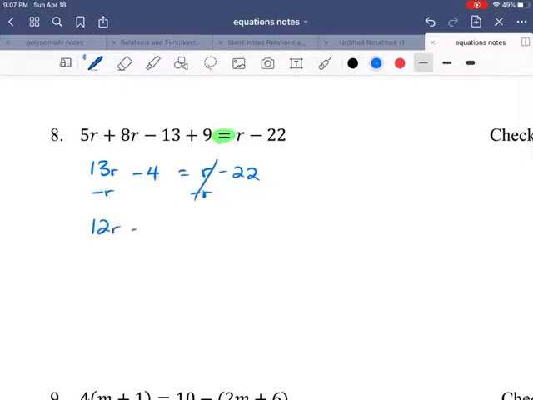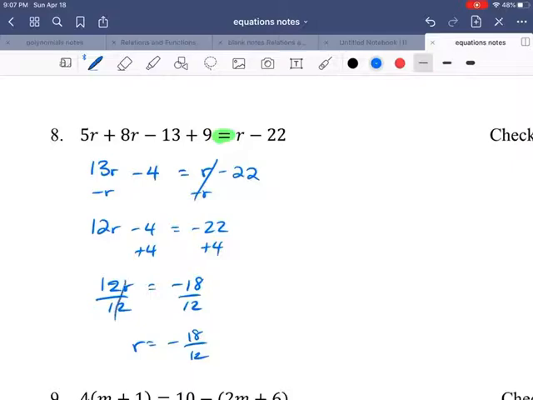So we end up with 12r minus 4 is equal to negative 22. And if you add 4 to each side, 12r equals negative 18. And divide by 12, r equals negative 18 over 12, which will simplify to negative 3 over 2, which would be your solution.